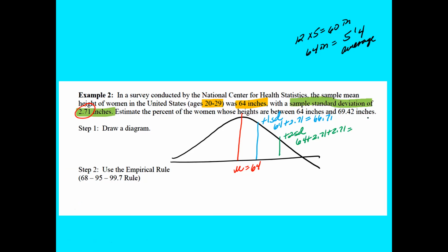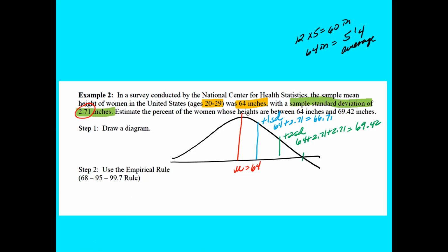and I'm going to grab my calculator and do that. 64 plus 2, oh, hold on, 66.71 plus 2.71, which is going to give me 69.42 inches.